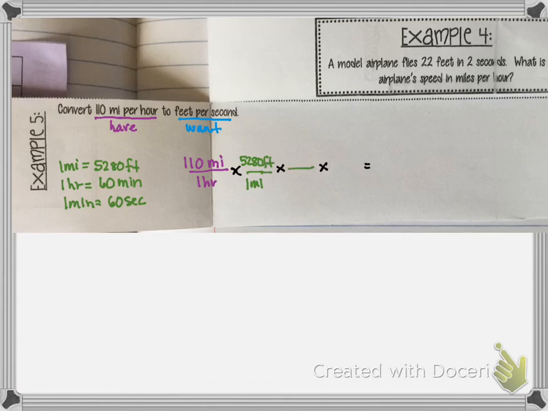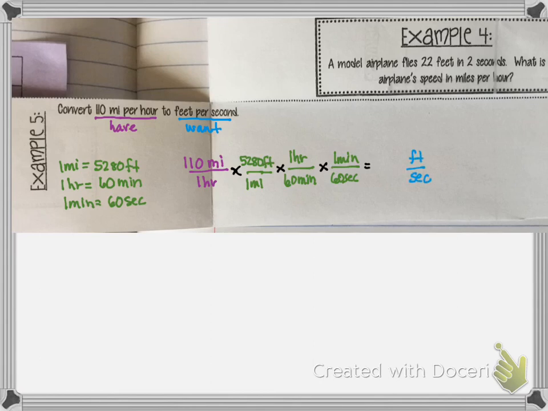Okay, next I want to get rid of the hour, and so I'm going to put 1 hour on top and 60 minutes on the bottom. But I don't want minutes, I want seconds, so I'm going to put 1 minute on top and 60 seconds on the bottom. So I should have what I want, which is going to be an answer of feet per second.